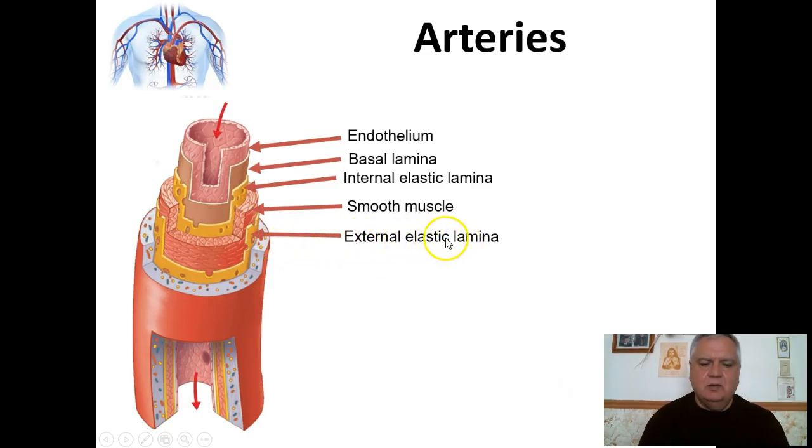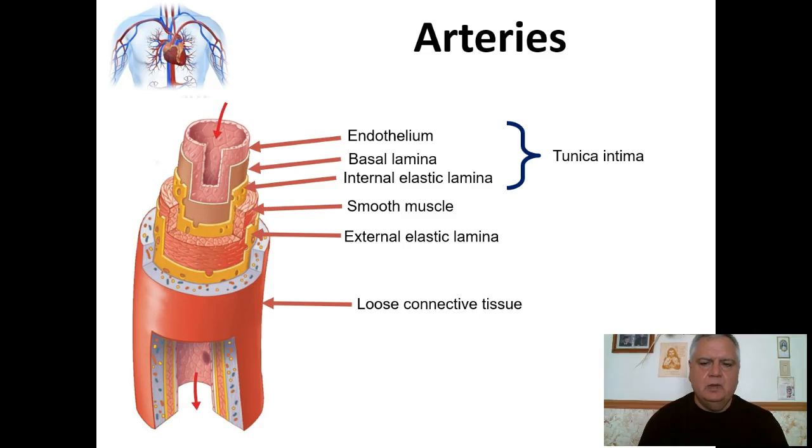This time, because it is further toward the external surface, more superficial, it's referred to as the external elastic lamina, but it provides more of the same function as the internal elastic lamina. And then finally, we have our loose connective tissue that surrounds and makes up the outer wall of the artery, the areolar connective tissue.